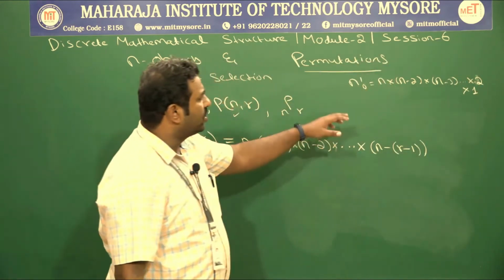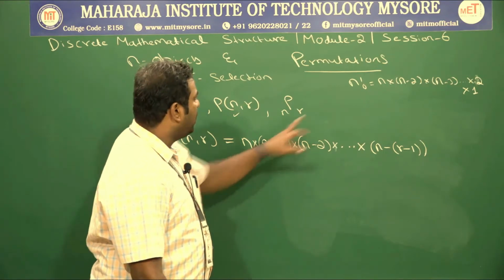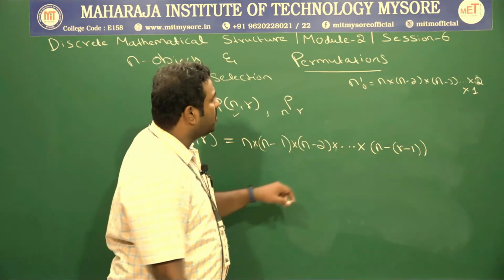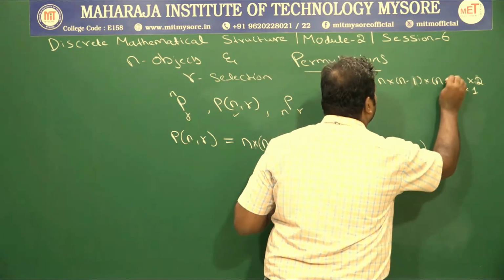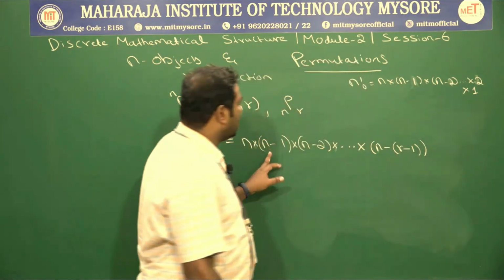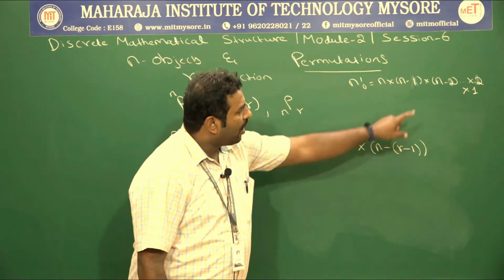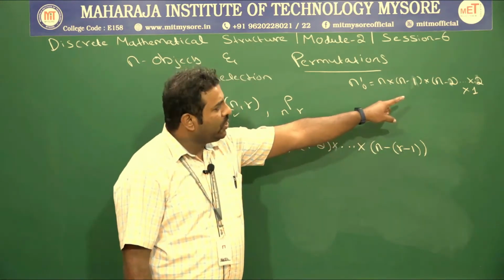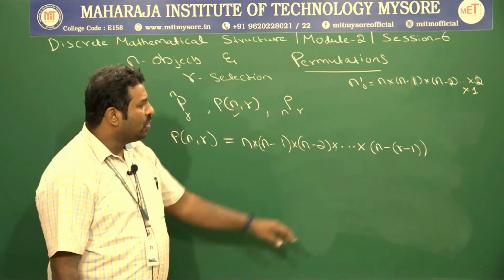Fine. So this is n factorial. So something is missing. I have got n, I have got n minus 1, n minus 2, so on. But I am missing this into 2 into 1.